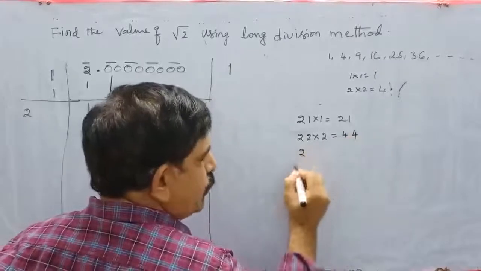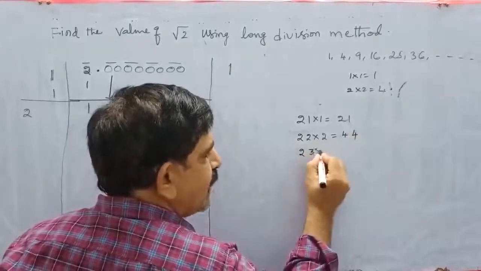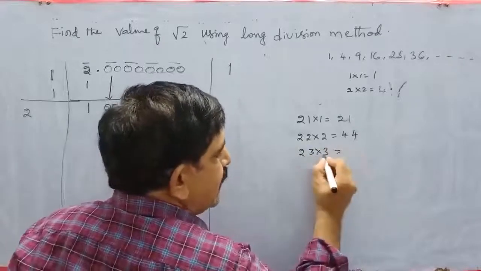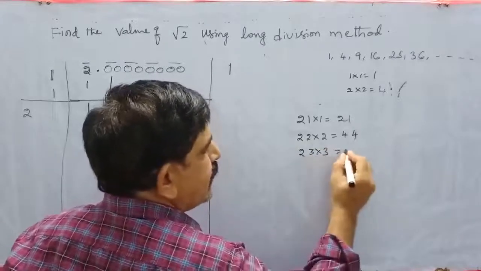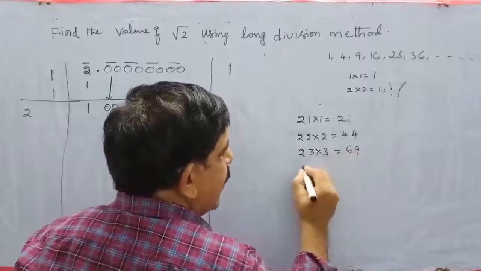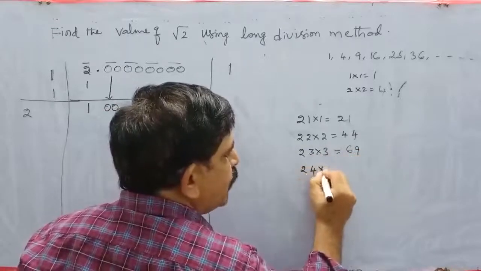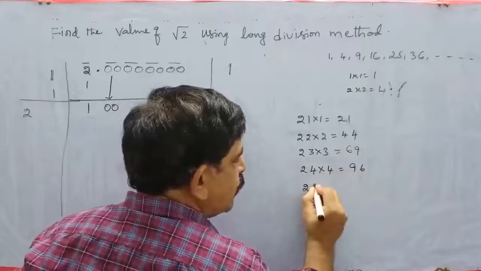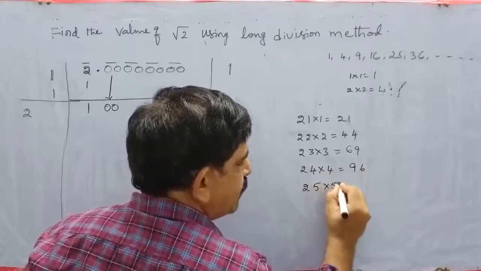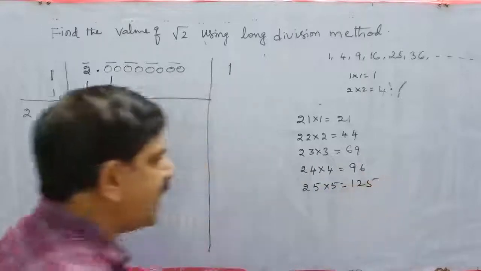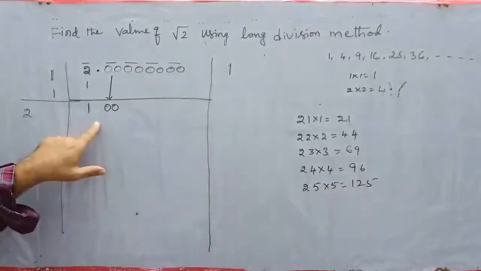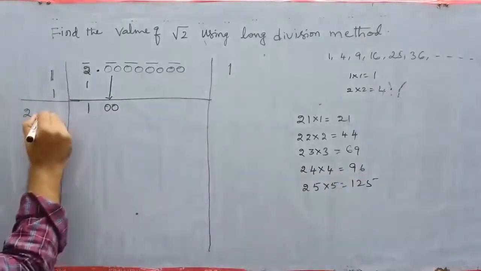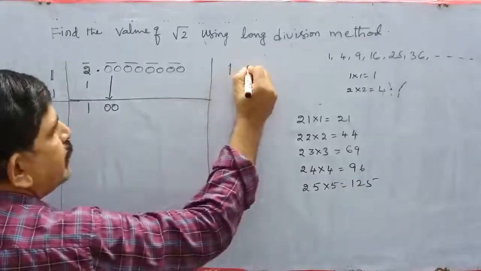Next 23 into 3, 69. Next 24 into 4, that is 96. Next 25 into 5, that is 125. See here 125 is greater than 100, so you have to take 4 times, 24 into 4. Here you write 4.